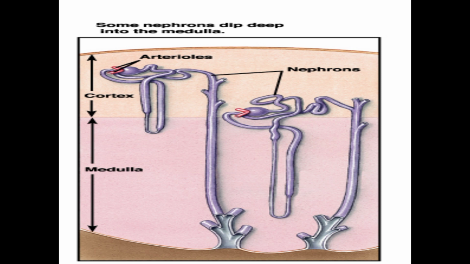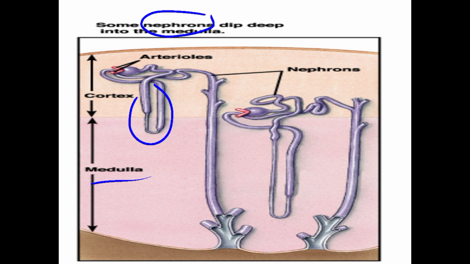In the kidney, there are 1 million nephrons. Some of the nephrons have a very short tubular portion. If you see the cross section of the kidney, there is a cortex and a medulla. Some nephrons have a short loop of Henle, embedded only till the cortex and not present in the medulla.